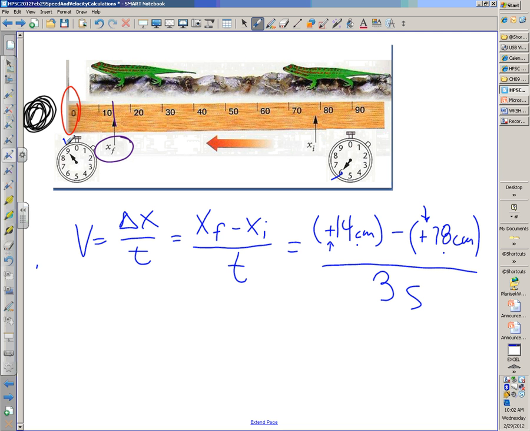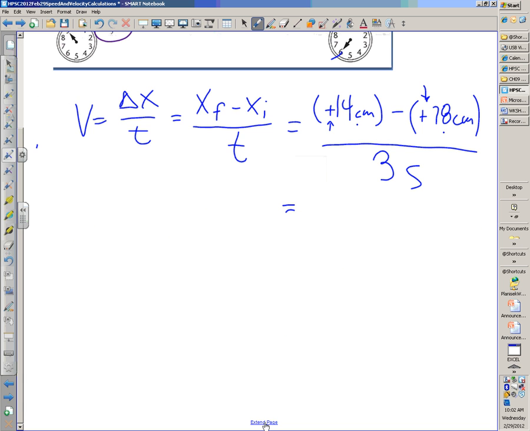Even though it didn't start at 0 seconds, this change in position from where we started to where we finished took place between when the watch was at 6 and when the watch ended up at 9. So we run this through. When you do the top of this fraction, what do you end up with?